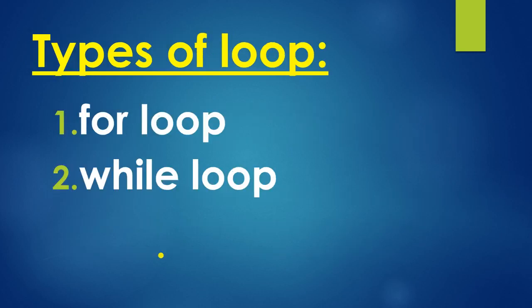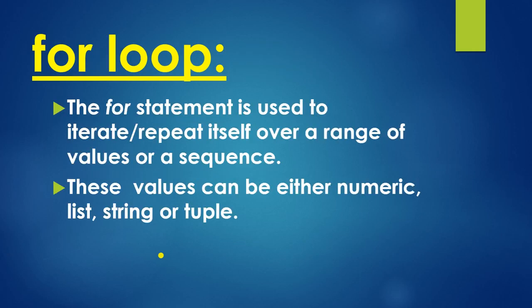So next is types of loop. The first one is the for loop and the second is the while loop. We will discuss for loop now. The for statement is used to iterate or repeat over a range of values or a sequence. These values can be numeric, list, string or tuple.